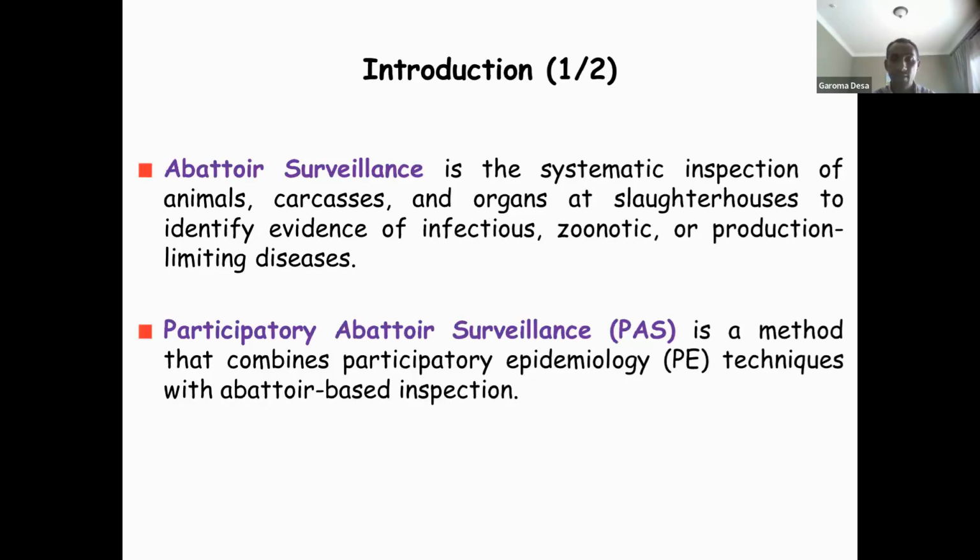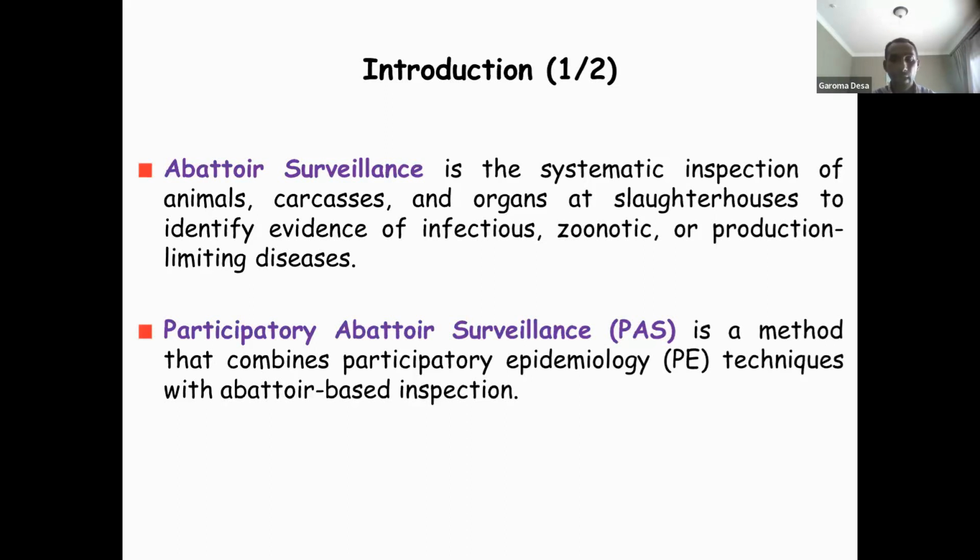Participatory abattoir surveillance, when we say participatory, it is to mean empowering the community, empowering the participants. The participants may be the herders, the butchermen, traders, and it is empowering them to participate in solving the animal health problem or animal diseases. So participatory abattoir surveillance is a method that combines participatory epidemiology techniques with abattoir-based inspection.